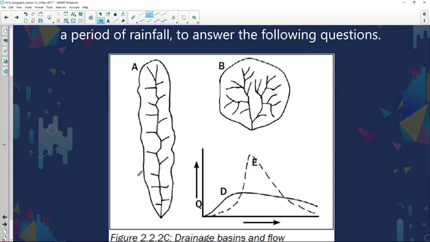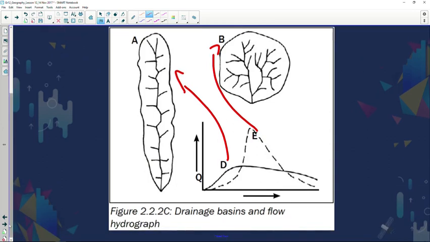A joins at acute right angles, and if you look at B, it resembles the branches of a tree. And just by looking at that, I can guarantee you that if you look at your hydrograph, E represents diagram B and D represents diagram A. So let's just quickly look at the questions that follow.